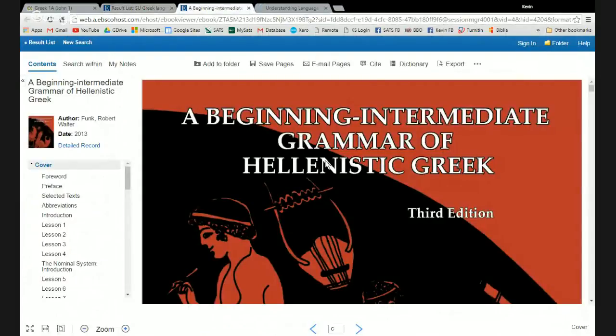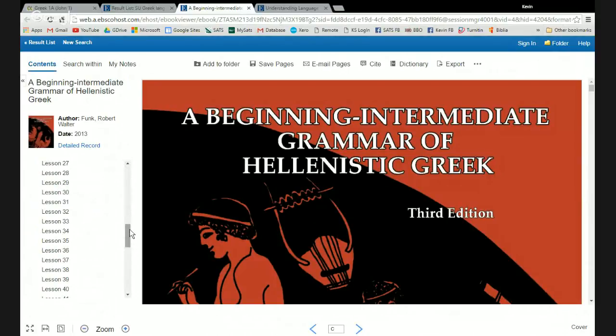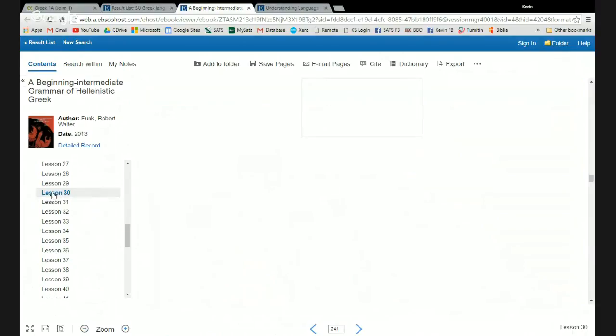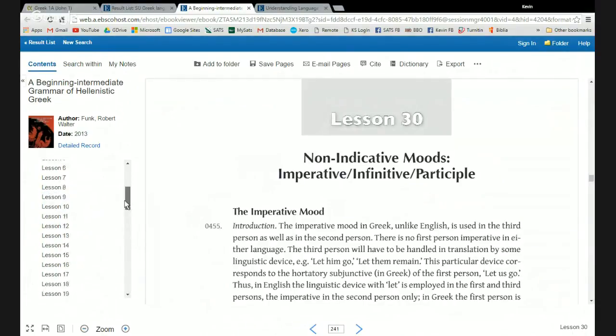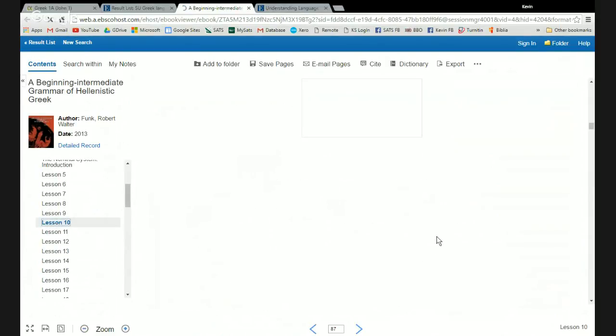Let's go back into Funk. So Funk's book has 62 lessons and a whole bunch of appendices. He is very highly regarded as a Greek grammarian. So let's just take a random, I haven't read this, but let's randomly pick lesson 30. In fact, I had a quick squiz last night at lesson 10, which was third declension.